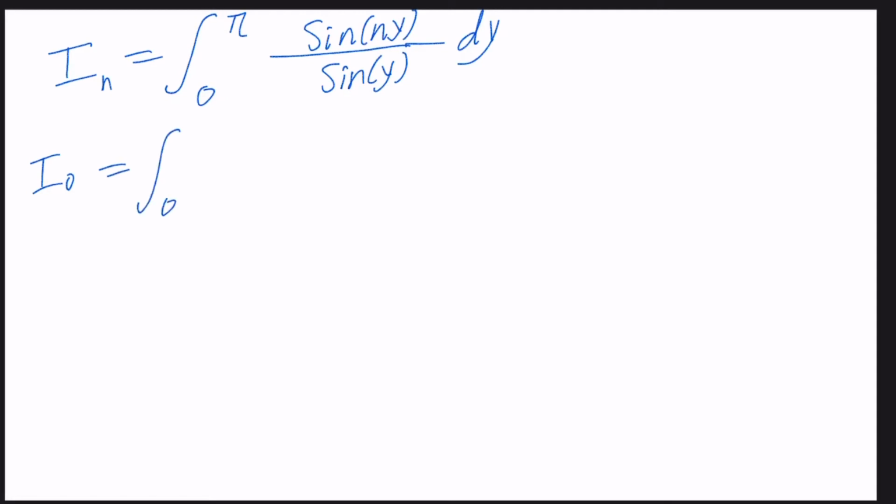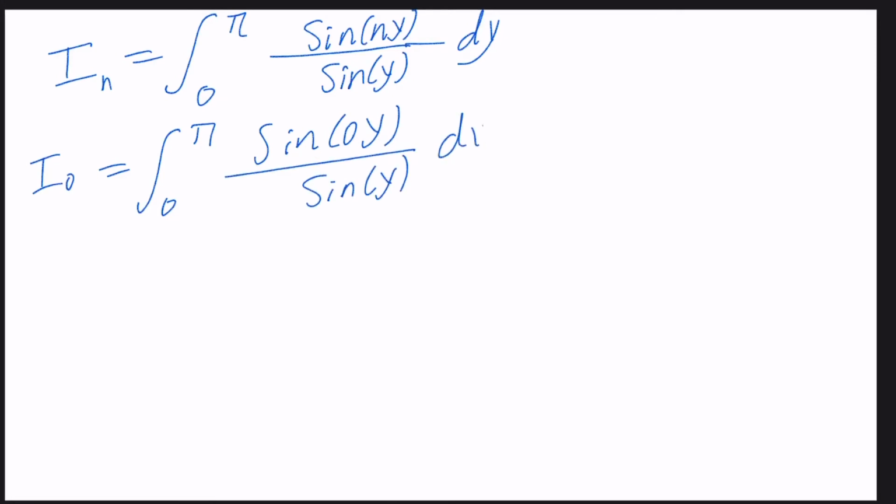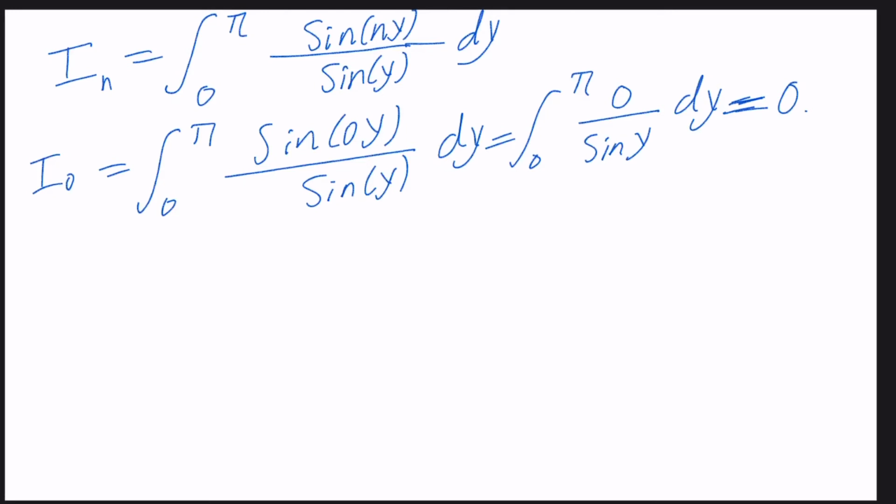No, it is not. You will see it's like sine of 0 times y divided by sine of y dy. And sine of 0 is the same as 0, so we have 0 divided by sine of y dy, and this integral is 0 because it's the integral of 0. It doesn't matter what the interval is. In this case it is equal to 0.